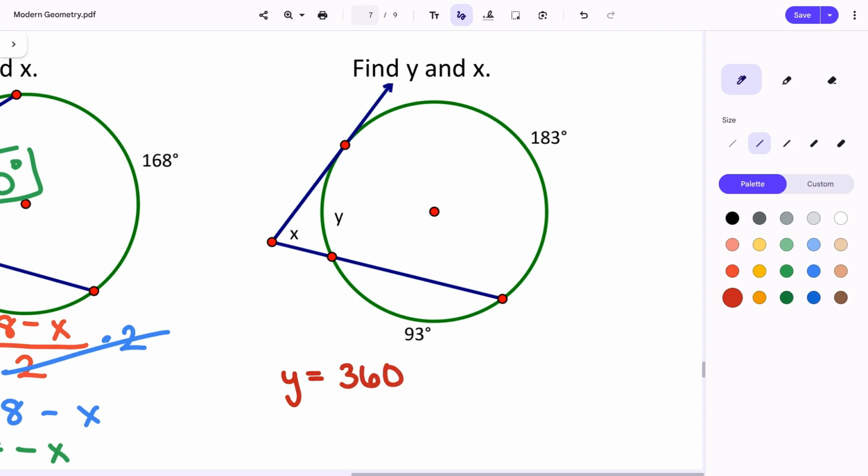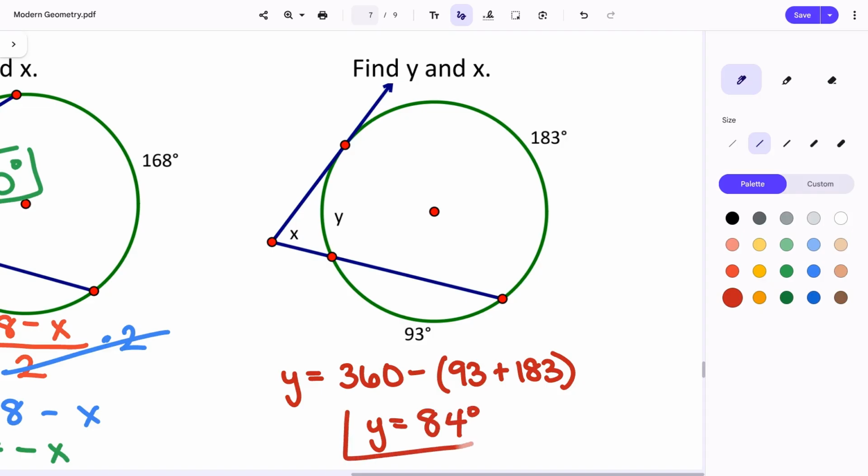Okay, so you saw a full circle, 360, and these two numbers that they give you, 93 and 183, those are those arcs, and y is just the remaining piece. That's why you're setting it up like that? Okay, great job. And what does y come out to be? Good, 84. So there's your y. So that would go right here.